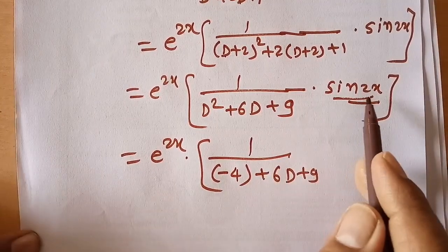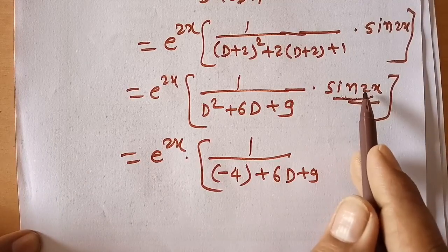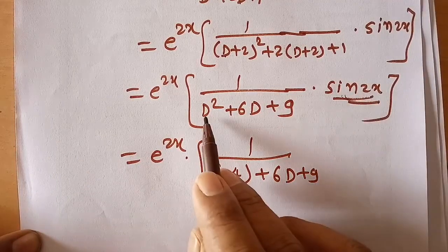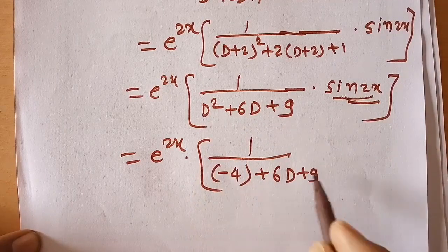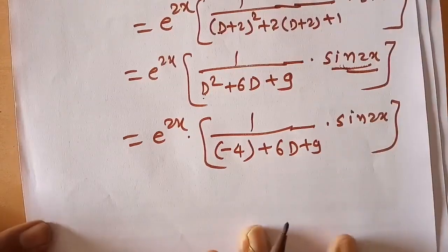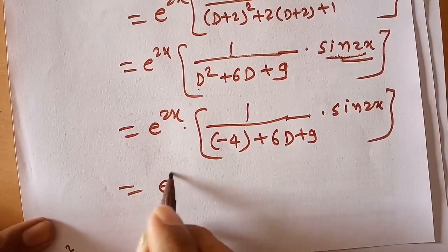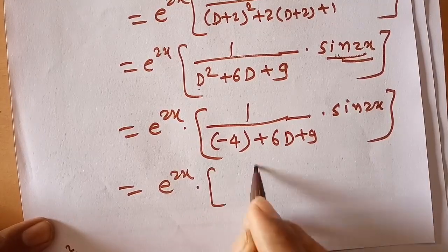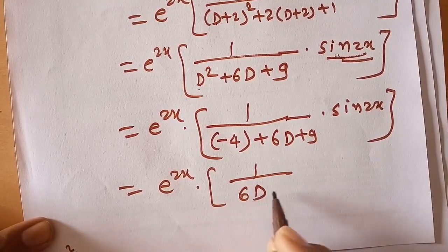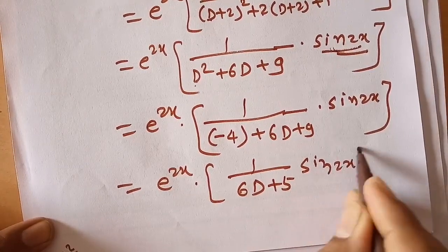Means if a sine or cosine function, trigonometric or hyperbolic, is there, we can replace D² by minus a² into sin 2x. This is equal to e^(2x) into 1 divided by 6D + 5 into sin 2x.